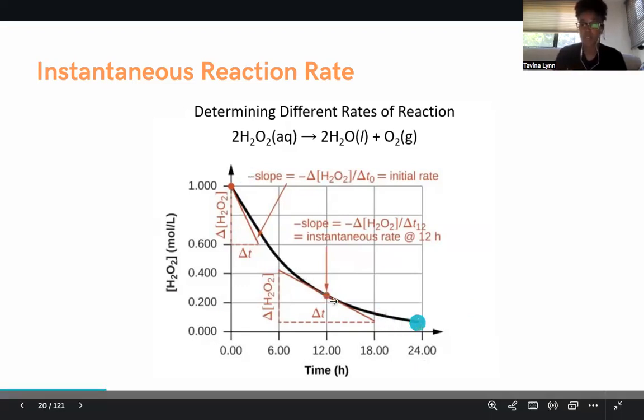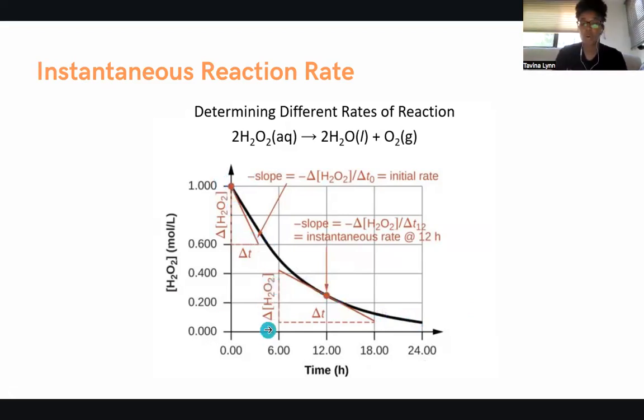of this graph here. So what they're showing here on this graph is at time point 0, this is the tangent line here that would give us the instantaneous reaction rate, which is the negative slope. So it's the negative change in concentration of hydrogen peroxide over the change in time, but it's actually at our initial time point 0.